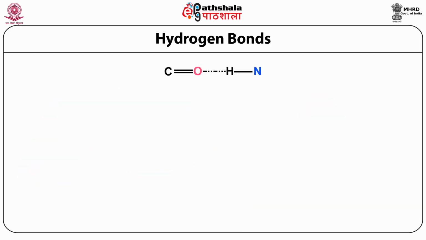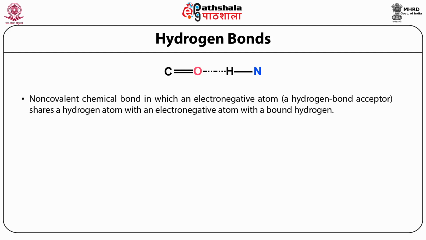Let's explain the hydrogen bonds. You can see here the hydrogen bond can be formed only when the hydrogen is attached to more electronegative elements such as oxygen, nitrogen, and fluorine. So you can see the non-covalent chemical bonds. The hydrogen bond is a non-covalent chemical bond in which an electronegative atom, a hydrogen bond acceptor, shares a hydrogen atom with an electronegative element with a bound hydrogen.